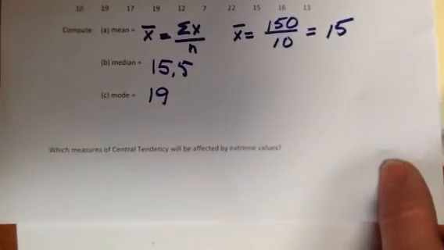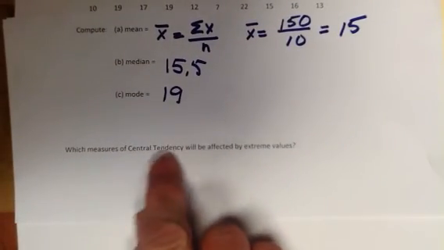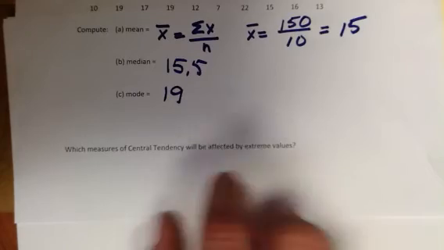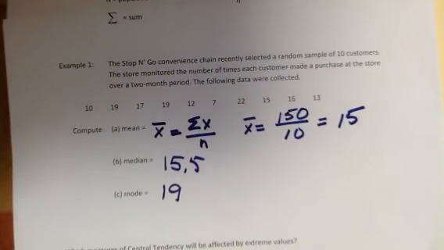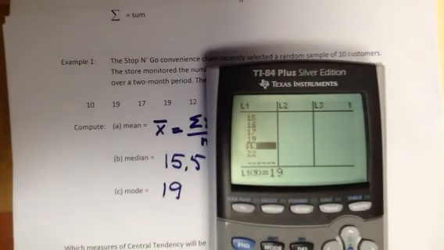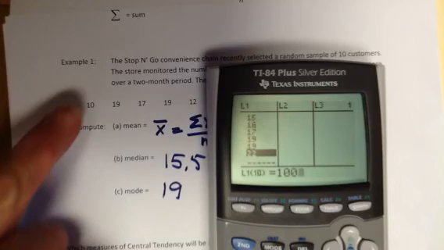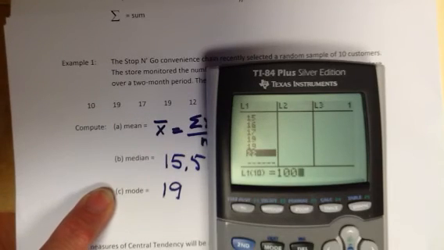This section also discusses which measures of central tendency will be most affected by extreme data values. So, looking at my list in order, extreme data values would be if we had a customer that came in and, instead of making 22 purchases, made 100. Well, if I change this to 100, which of these measures does it impact?